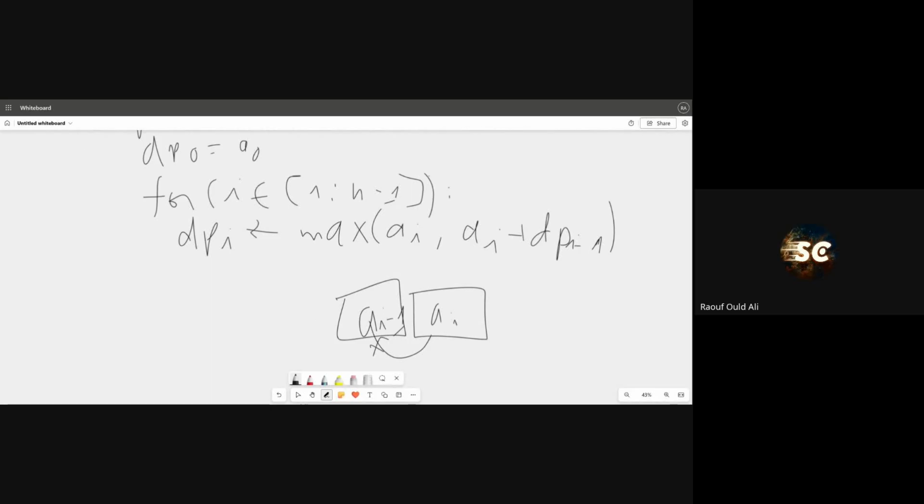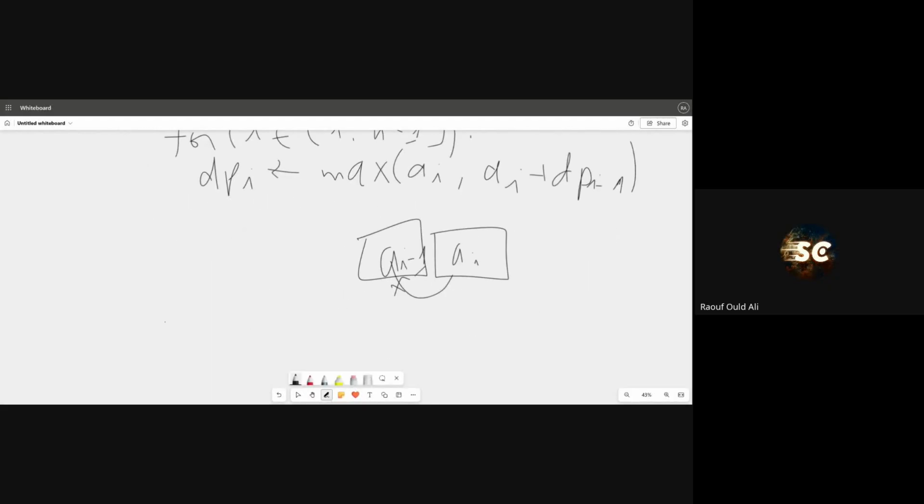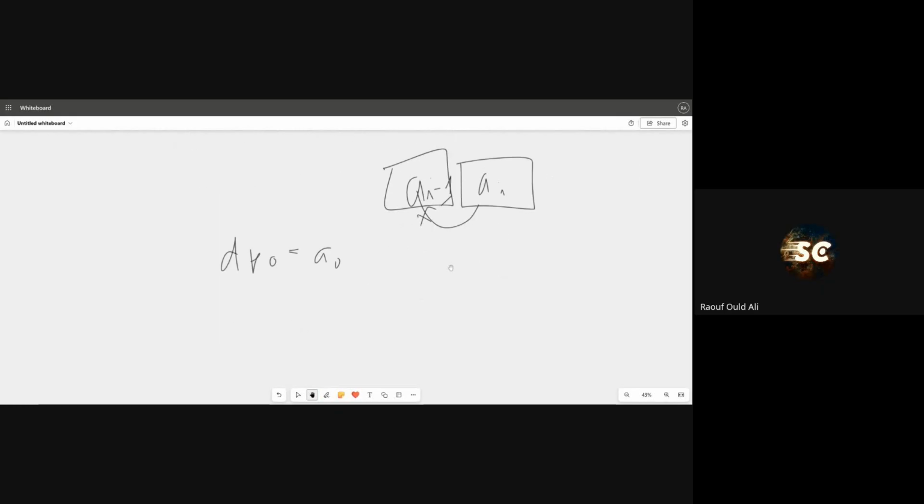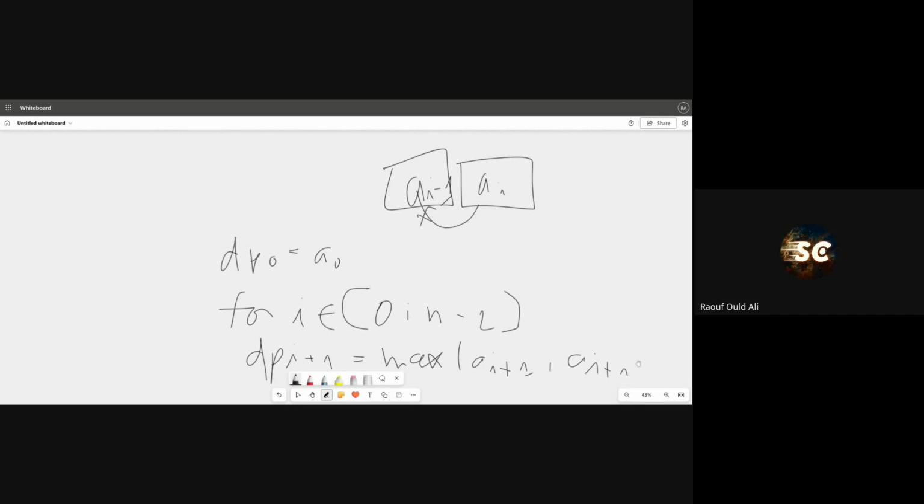Another way of coding this is the push dp approach. What is it? So we still define dp_0 as a_0, and then for all i from 0 to n minus 2, we set dp_{i+1} to the maximum between a_{i+1} and a_{i+1} plus dp_i.